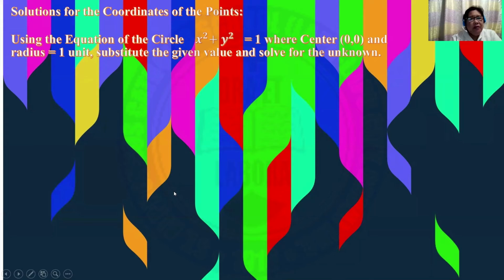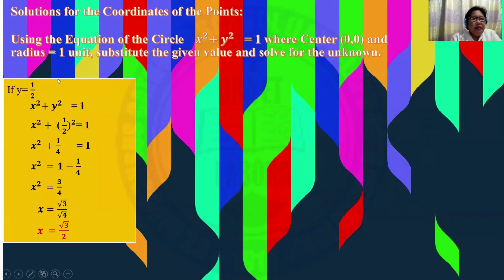And let us have now the solutions for the coordinates of the points. Using the equation of the circle x squared plus y squared is equal to 1, where the center is at the origin with coordinate 0, 0, and the radius is equivalent to 1 unit, all we have to do is substitute the given value and solve for the unknown.